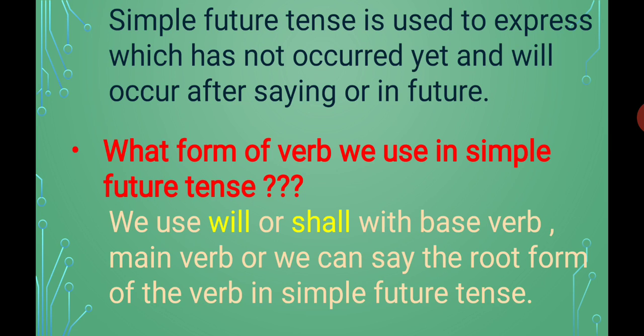Will or shall, and we use them with the root form. Whatever the main verb is, we only add will or shall before it, and then we write the sentence to make it in the future tense.